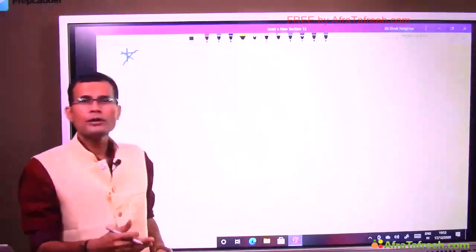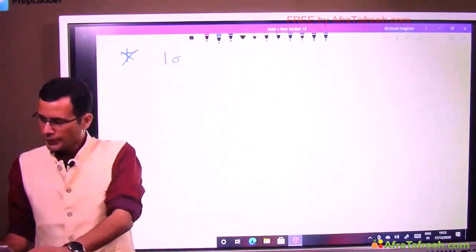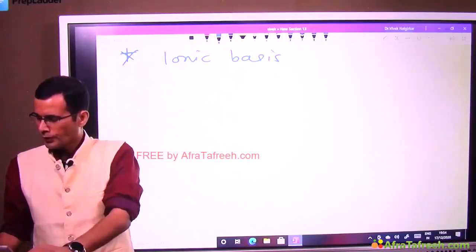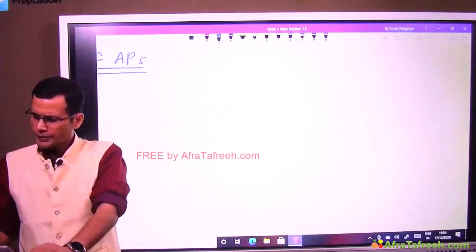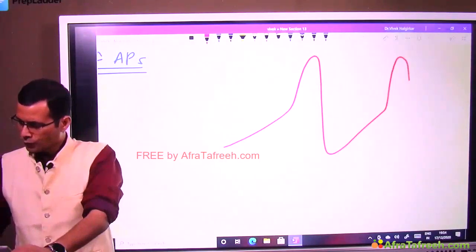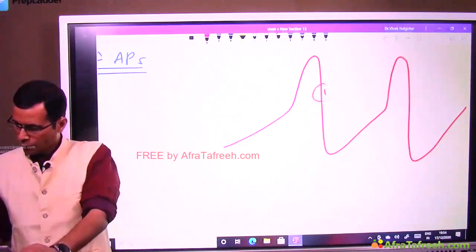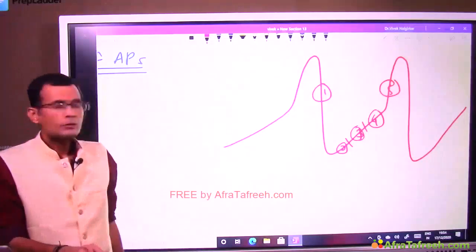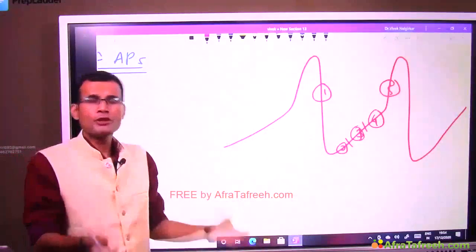Now, having discussed all this, finally we will discuss the ionic basis of action potentials in the heart. There was an image based question that they had given the action potential of the SA node and they had given the numbers like this: 1, 2, 3, 4 and 5, and number 4 in the graph is caused by which current or which ion?